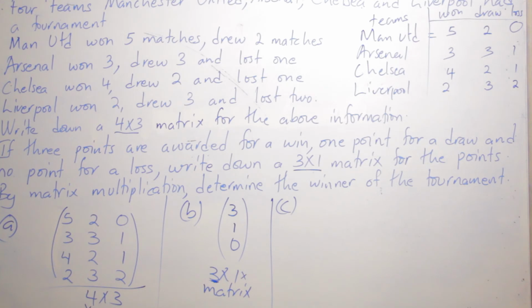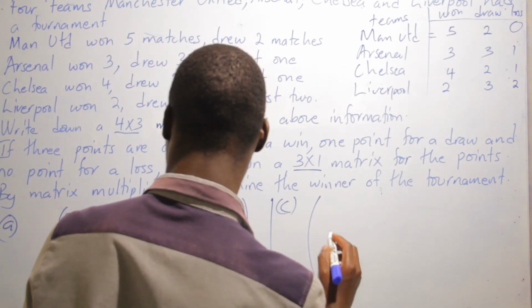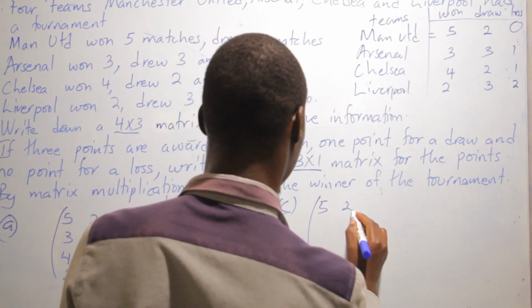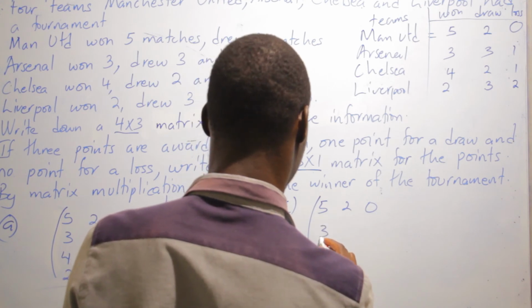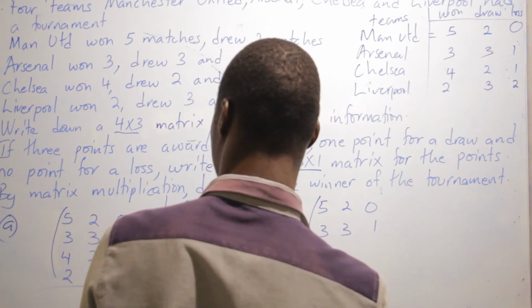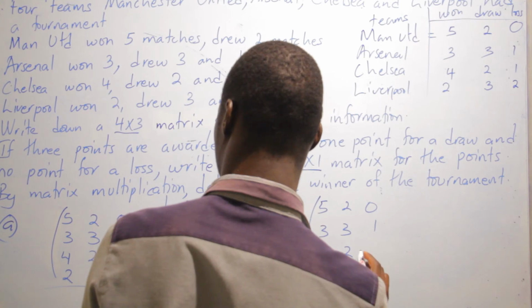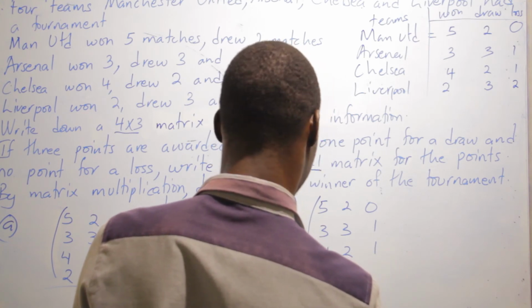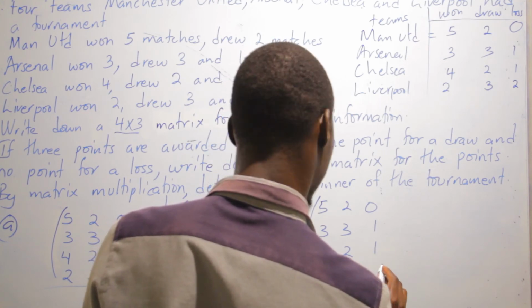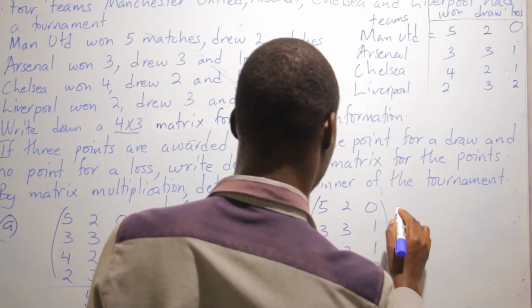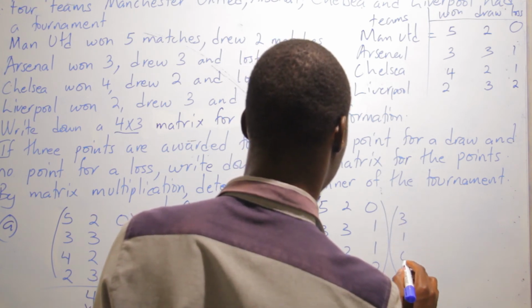So we are expecting a 4 by 1 resultant matrix of order. Then since these ones are the same, then we can multiply this times that. So my 5, 2, 0, then 3, 3, 1, then 4, 2, 1, then 2, 3, 2, then times my 3, 1, 0.